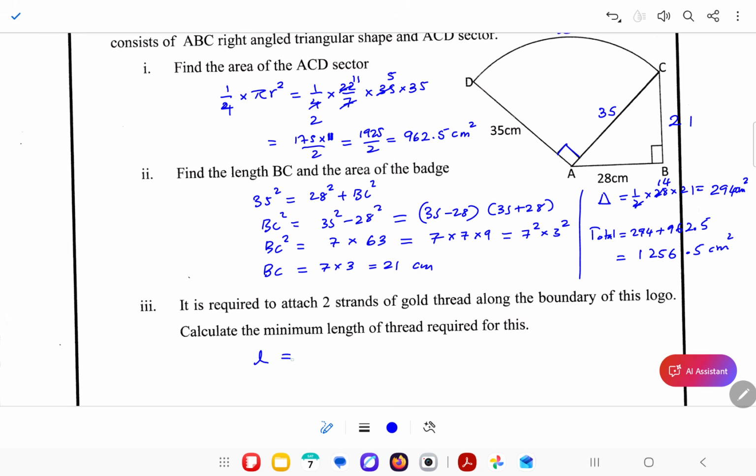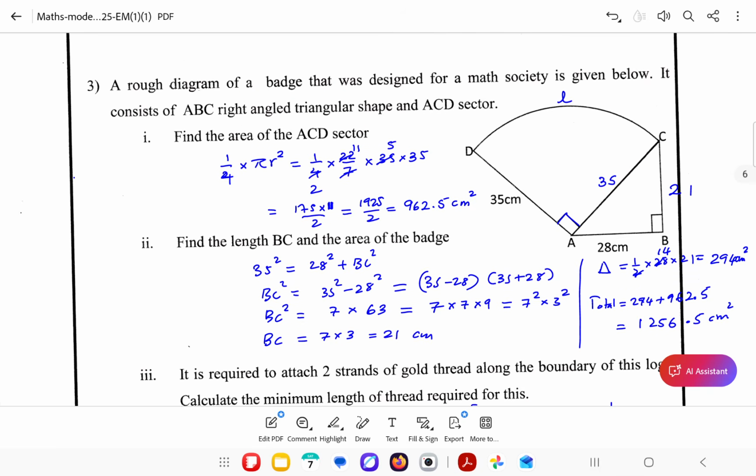So that is going to be 1/4 of the circumference. So 2 pi r over 4. So half into pi, which is 22 over 7, into 35 radius. So 5, 11, so that is 55. So this is 55 centimeters.